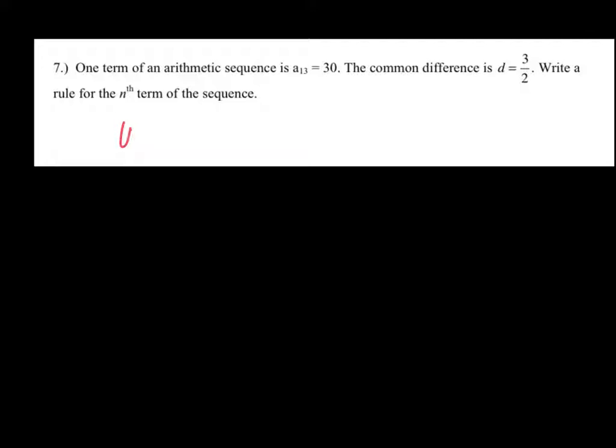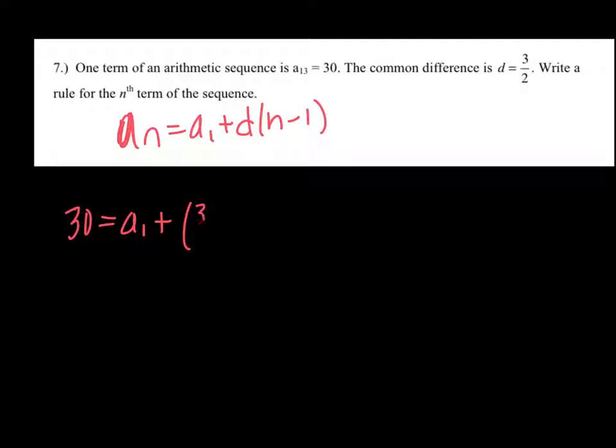Your rule is a sub n equals your first term plus the difference times the term number minus 1. So we have a sub 13, and it's equal to 30. So 30 equals, we don't know that first term, so I'm just going to leave a sub 1 there. We know the difference is 3/2. And we know that the term number is 13 minus 1.